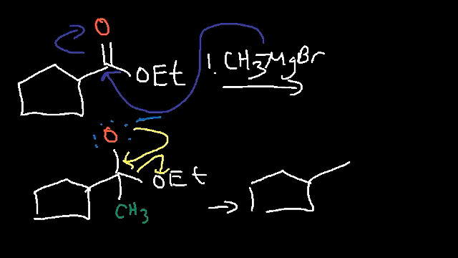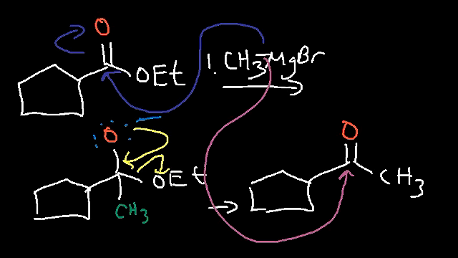So at this point, after the addition of one R group, we now have a ketone. But the reaction won't stop there. Another methyl magnesium bromide molecule, I should say, is going to attack the ketone and reduce it.